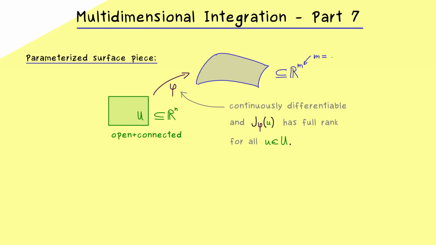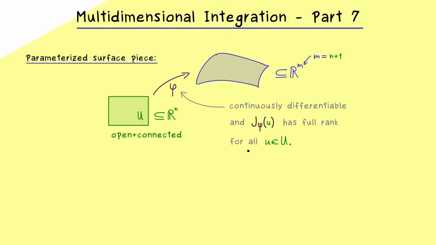Actually, for our purposes here, it's enough to just go one dimension higher, so to consider the case that m is n plus 1. And now everything together here just implies that we have a nice hypersurface in R^(n+1). The only strange thing that could happen here is that the surface comes back in some way and we have an intersection here in the image.